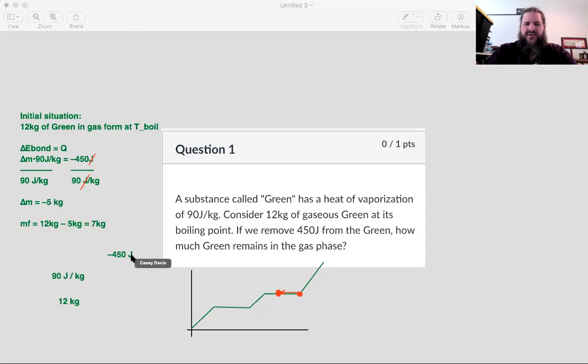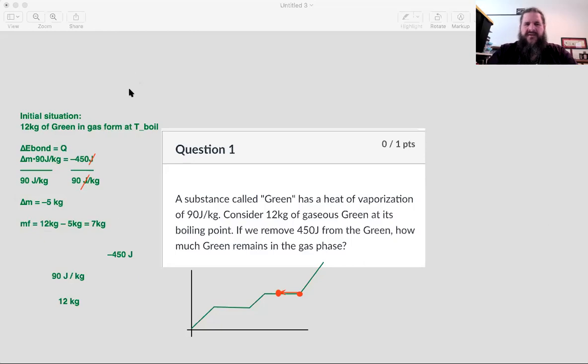If we have joules, but we want to turn it into kilograms, how would you get rid of joules? Well, there isn't really a both sides here. We're not really looking at an equation at this point. We're just looking at this value. We know we're removing 450 joules.